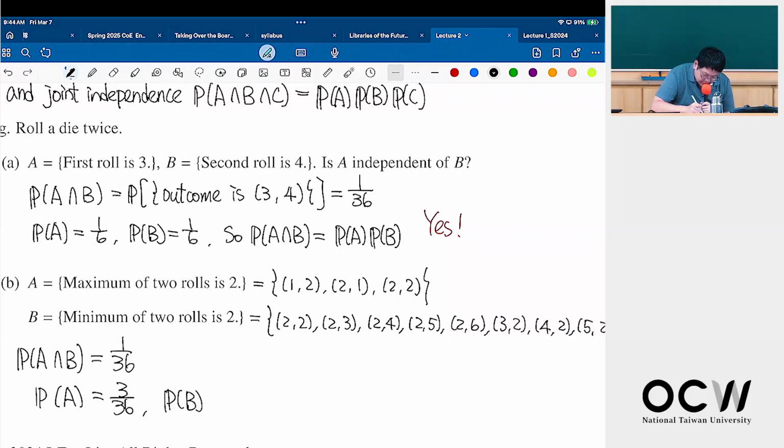And probability of B, there will be 9 outcomes, 9/36. So apparently they are not equal. So they are not independent.